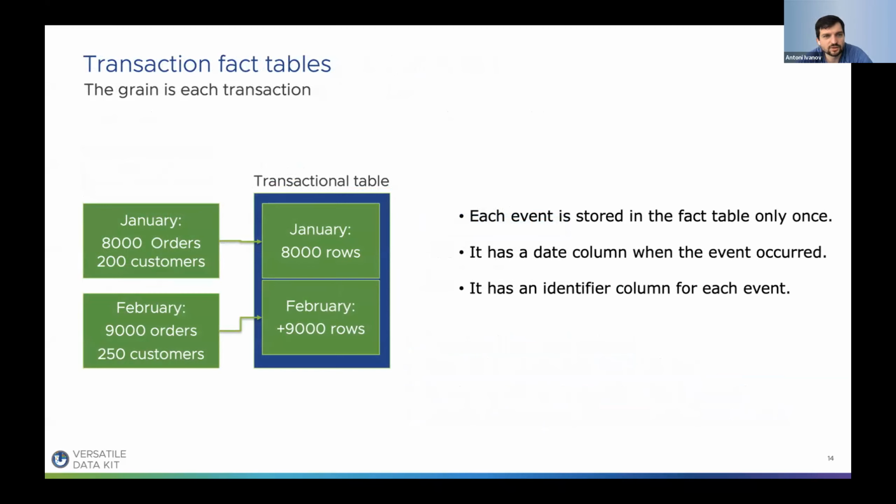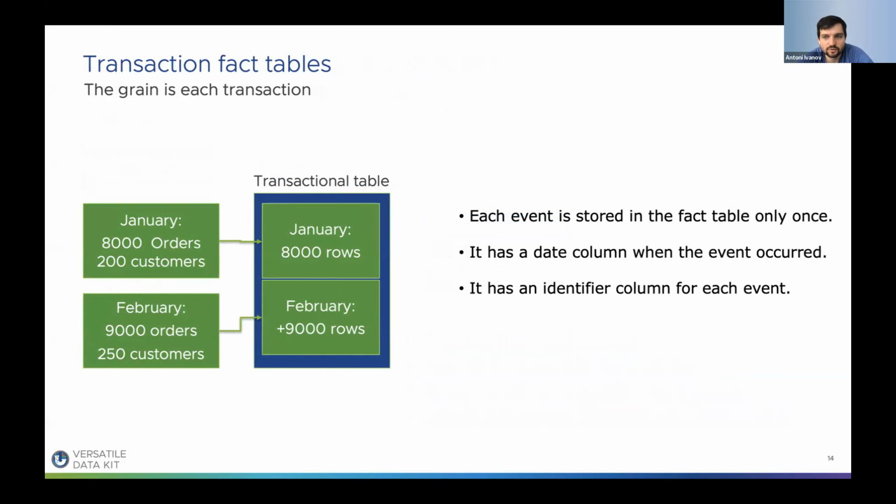The first one is called transaction fact tables. This is if our grain is every event or every transaction. In some ways, this is the simplest one, but also the one that contains the most granular information. Of course, it tends to have the biggest tables. Arguably, I think this might also be the most commonly used.